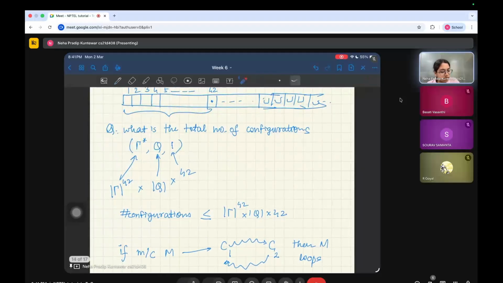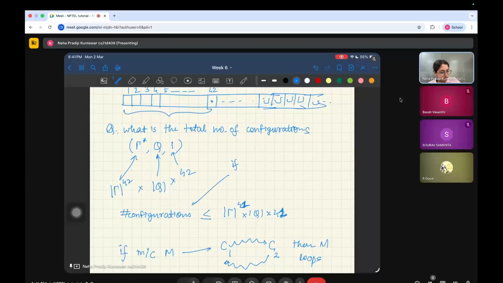So if you can detect a loop within these many configurations, then that means that the machine never touches the 42nd cell. Or actually, I should be doing 41 here. Is that clear?